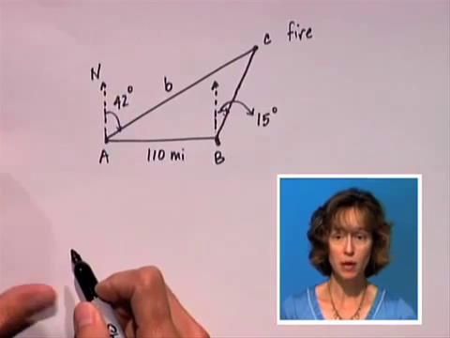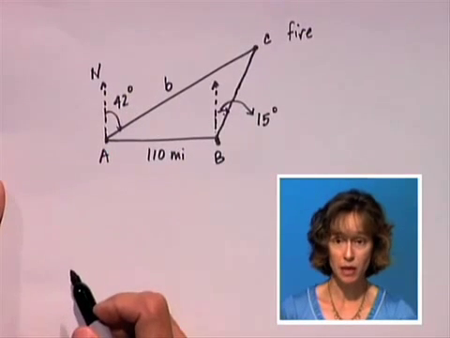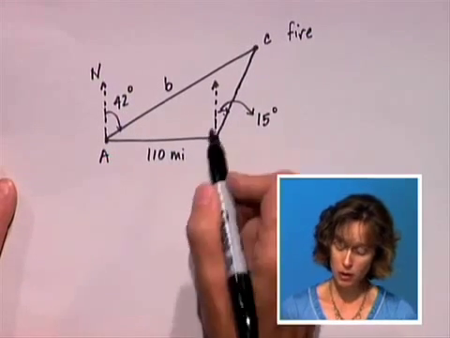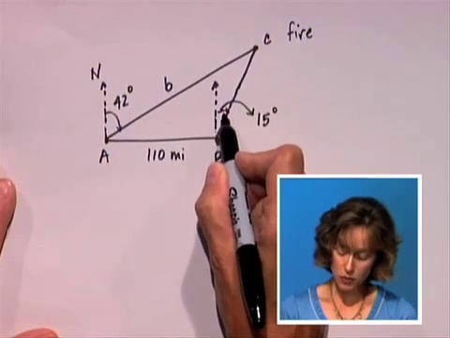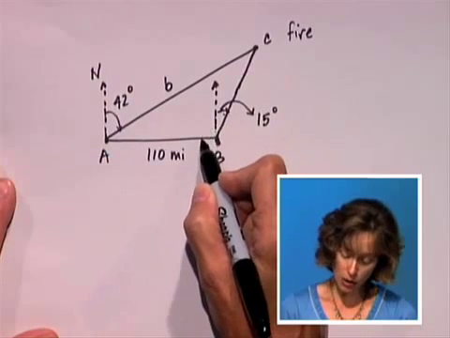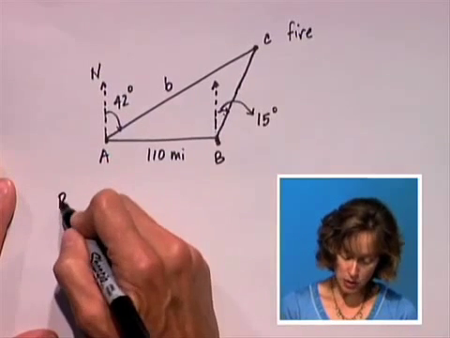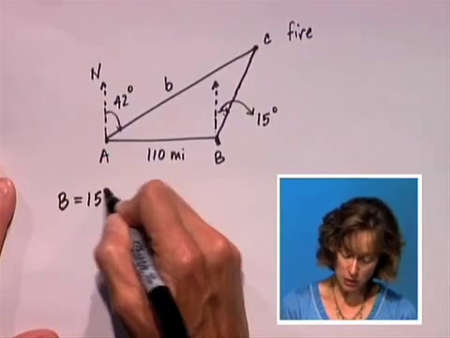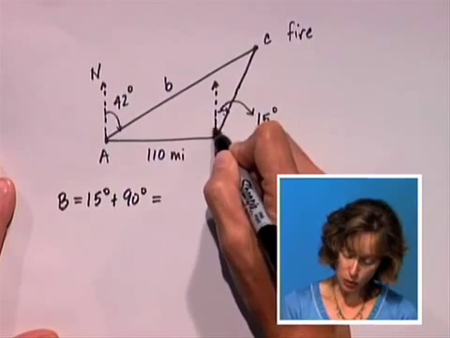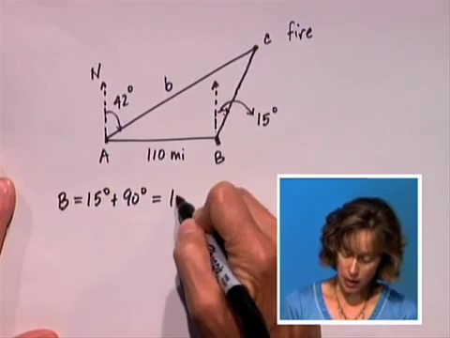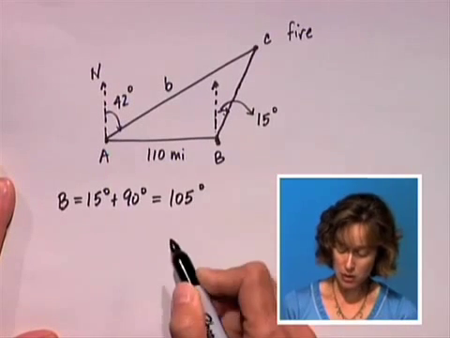Well, in order to apply the law of sines to solve, we're going to need some of the angles in the triangle. Let's start with angle B. This part of angle B is 15 degrees. To get all of angle B, I'm going to add 15 degrees to 90 degrees, because the rest of angle B is a 90-degree angle. Angle B is 105 degrees.